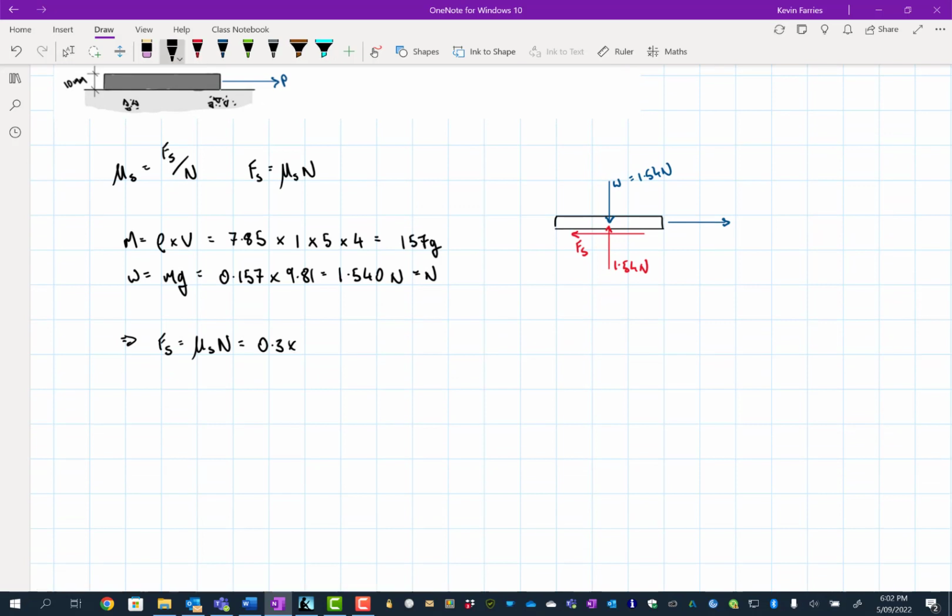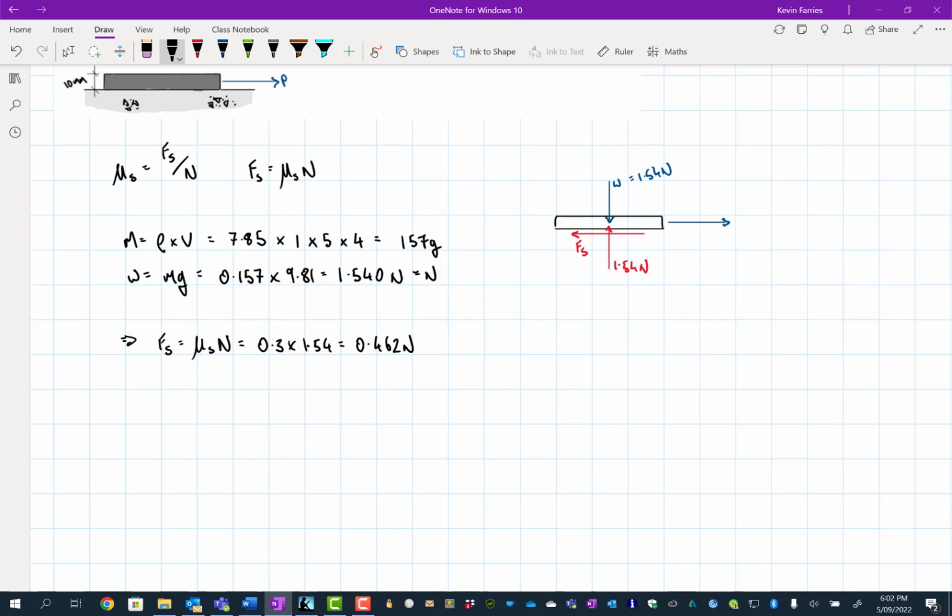0.3 times 1.54, which is equal to 0.462 newtons.